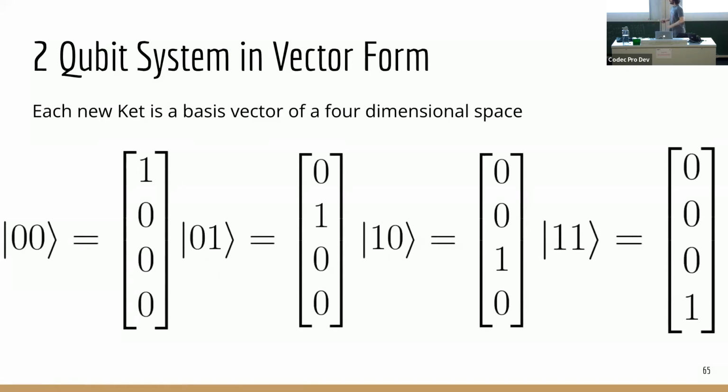Now, these kets also form a basis of a 4-dimensional space in a fairly straightforward way. For each ket, we have a 1 in a certain entry and 0 everywhere else in this descending pattern.